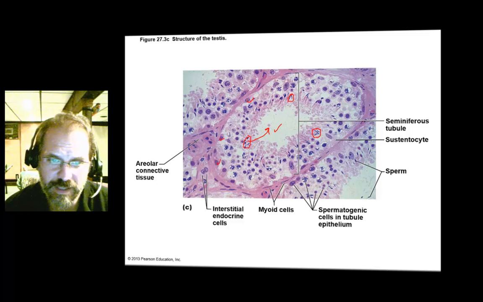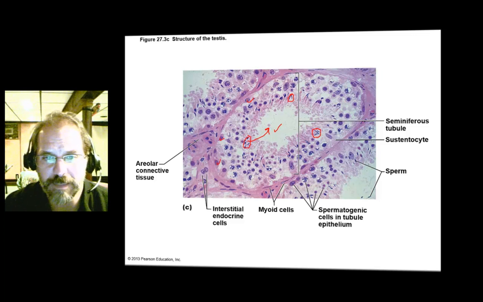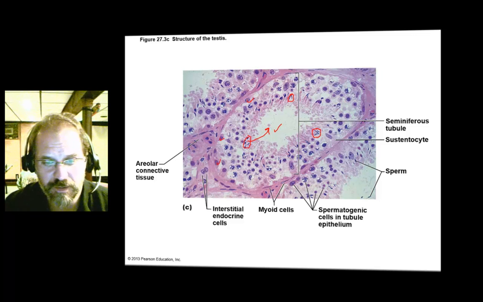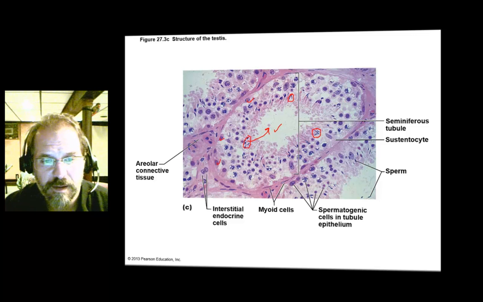If they divide by mitosis, they'll replenish themselves to keep a constant supply of cells that will eventually give rise to spermatids. Those are called spermatogonia. I don't see it labeled here. Well, they call them spermatogenic cells in tubule. Okay, I see it here. This one right here is what I'm talking about.